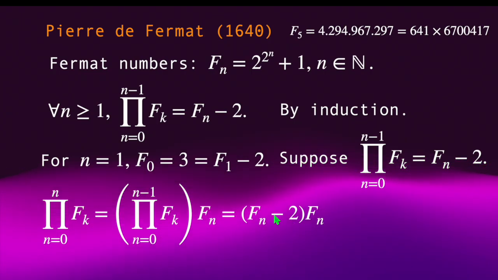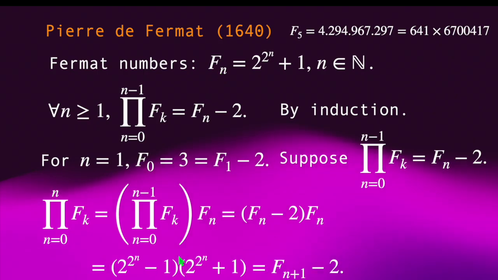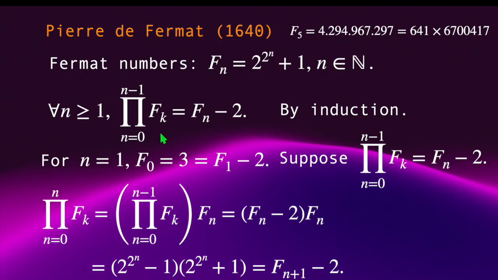Now we replace Fn by its expression, and we get this formula which gives us what we want to prove. And so we have this identity.